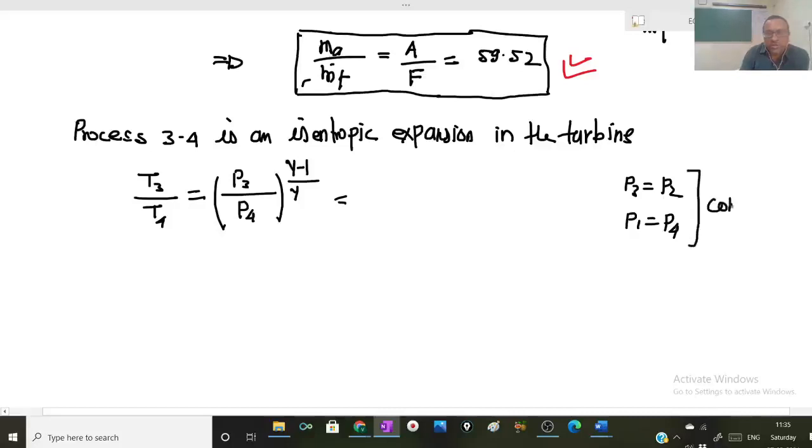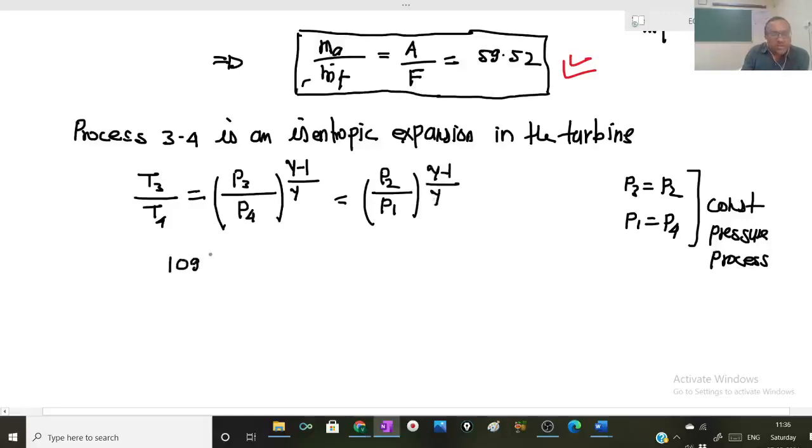Constant pressure process, no pressure drop. So I can also write it as P2 over P1 to the power gamma minus 1 over gamma.